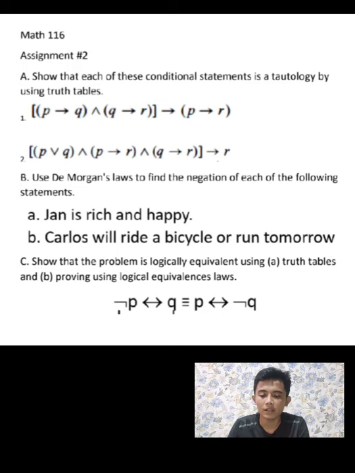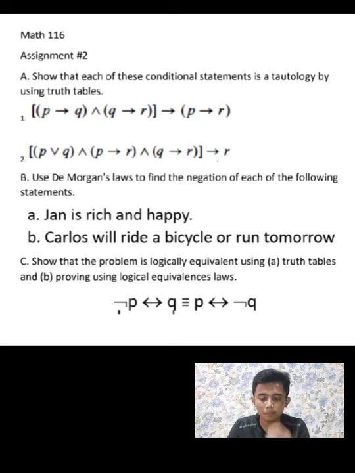In this topic, we have a second assignment. Assignment number 2 has 3 parts, A, B, and C. The first part is show that each of these conditional statements is a tautology by using a truth table.